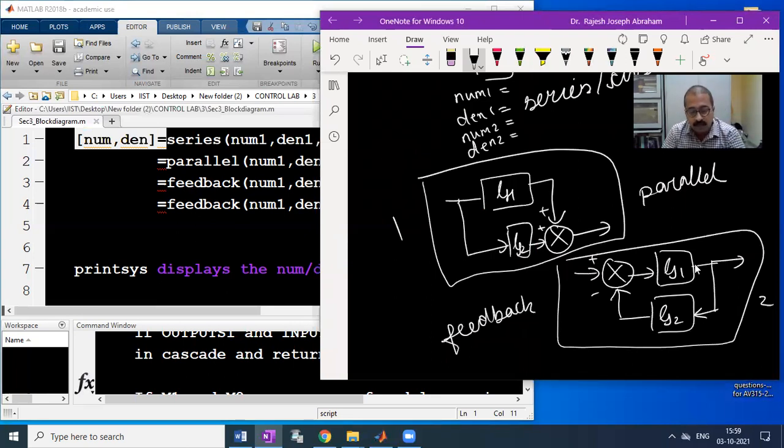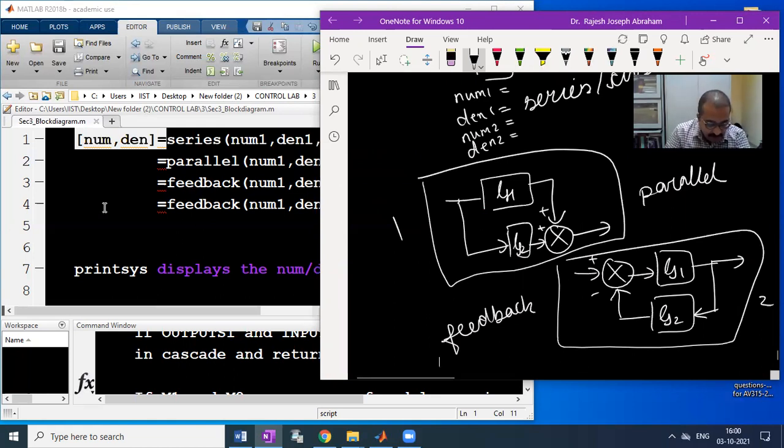In parallel, the connection starts from the same pick-off point and ends at the same summing point, whereas in feedback it starts from a summing point and ends at the same summing point, in a closed, ring-shaped configuration. That is the difference between parallel and feedback.